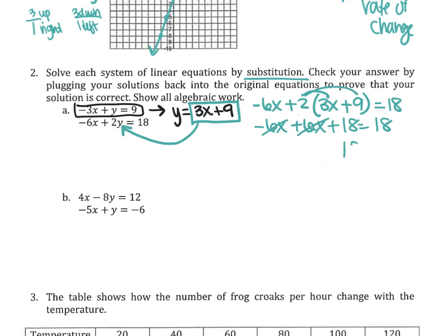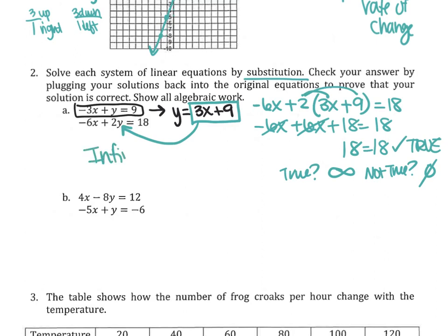And then I have 18 equals 18. If this happens, you want to think, is it true? If true, then it's infinite solutions. Not true, no solutions. So in this case, this is true, meaning this is infinite solutions.